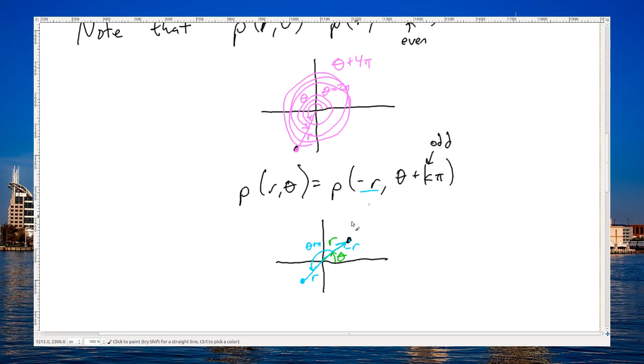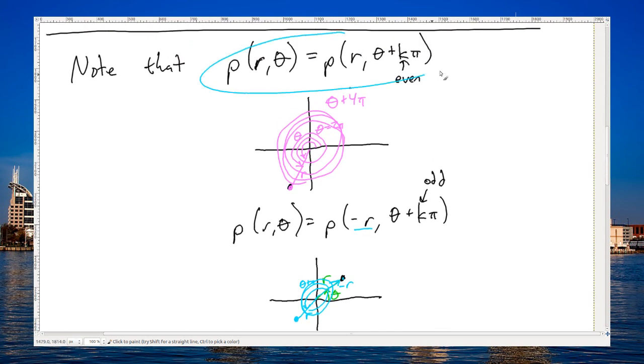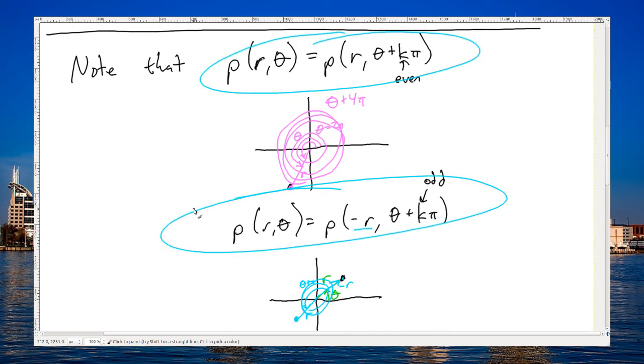And then if you add 3, or add 5 pi, that would give you an extra 2 rotations. So that's why we have these 2 formulas relating the different polar coordinates together.